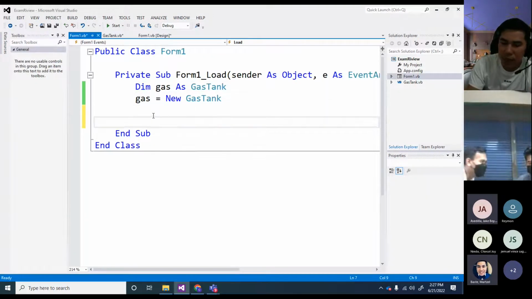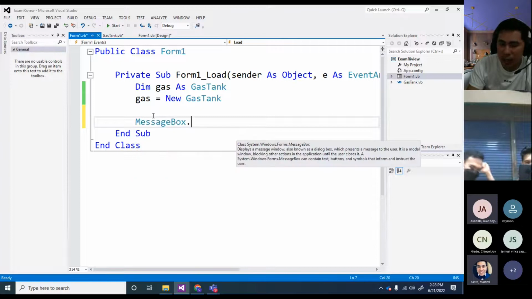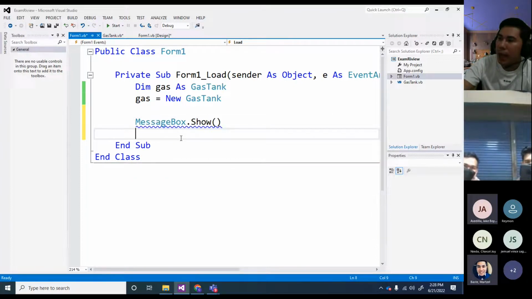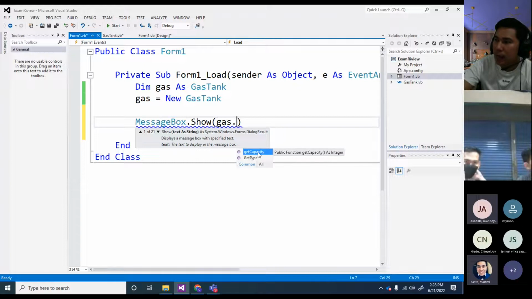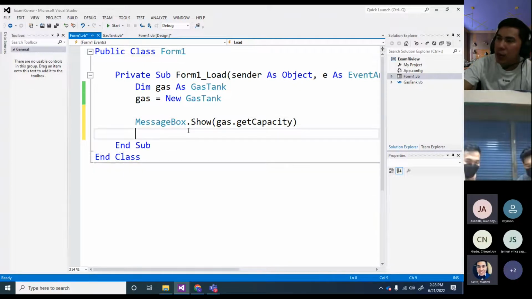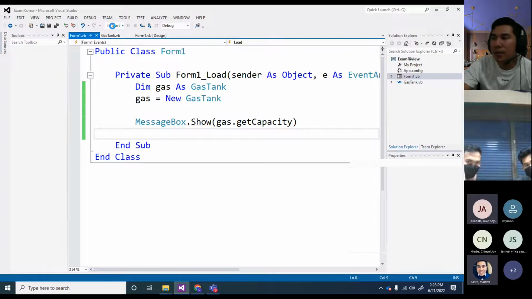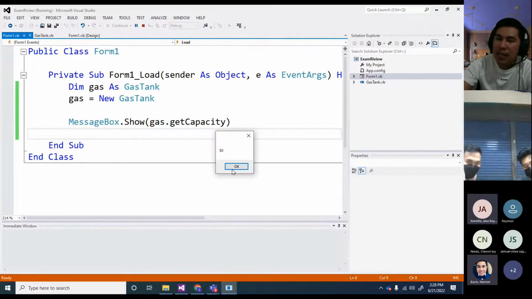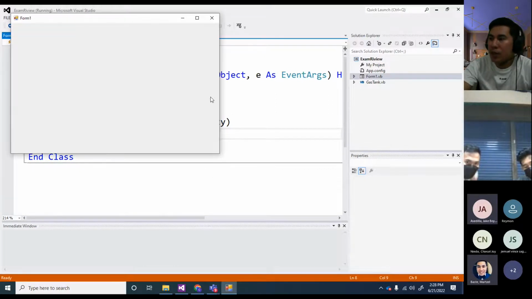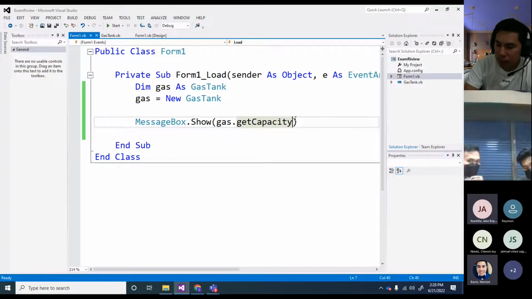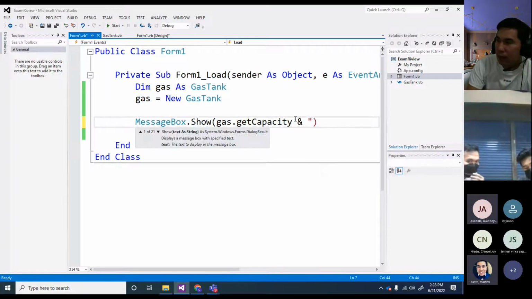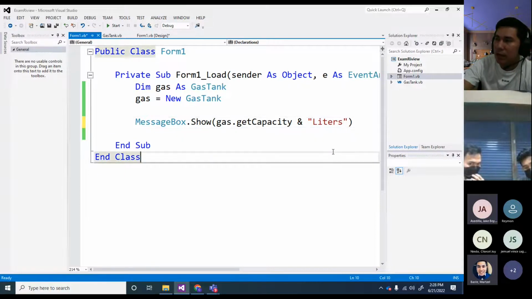So now when I call this one right here and I put it in my message box show, I have here gas dot get capacity. So when I run this program, it will give me the capacity. So pwede na ako na siya dungagan og, let's say, concatenate na to liters, no, 50 liters or something.